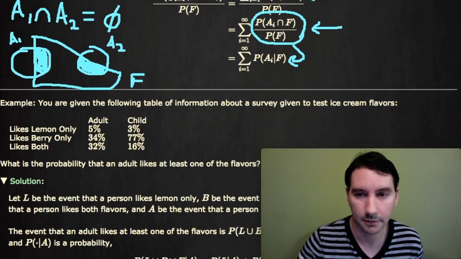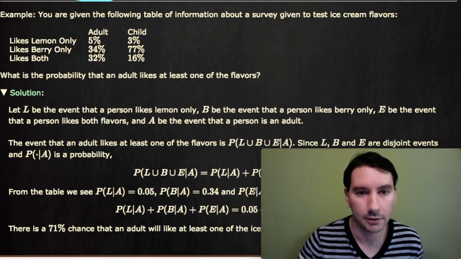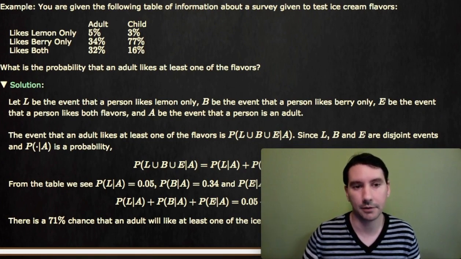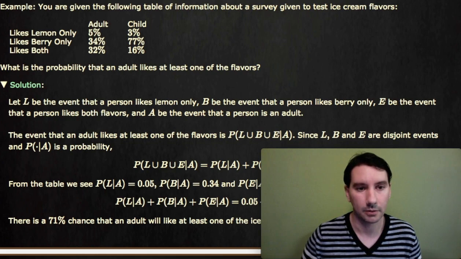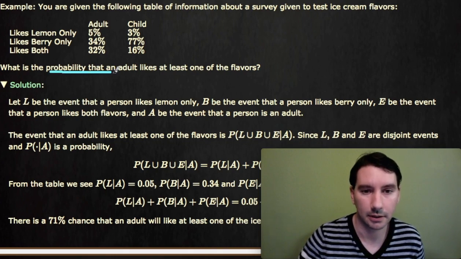So you're given a table of information about a survey that was given to test some ice cream flavors. Adults and children were allowed to taste a lemon-flavored ice cream and a berry-flavored ice cream, and we recorded whether they liked the lemon only, or the berry only, or whether they liked both. So the question is, what is the probability that an adult likes at least one of the flavors?